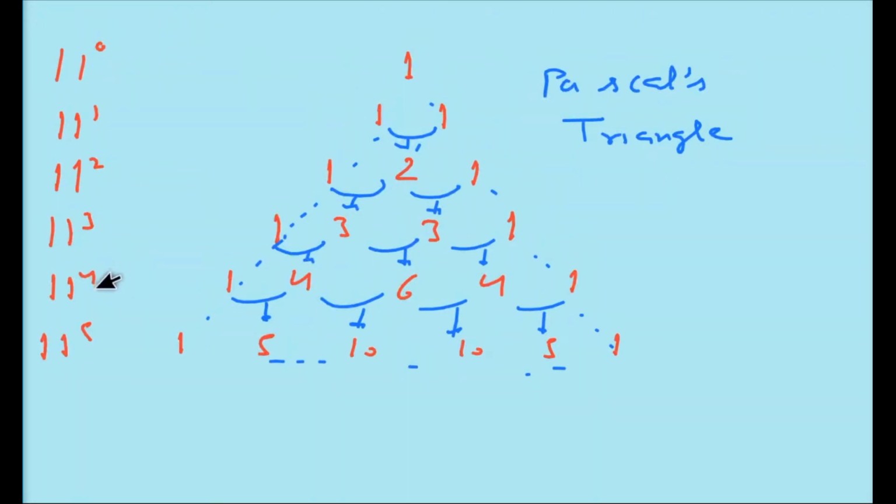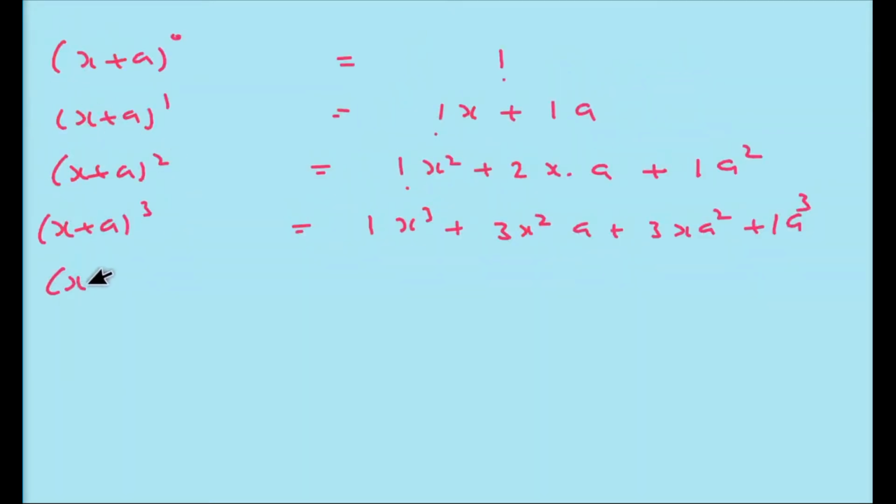So if you want to write power 4, 1 4 6 4 1, you can write directly x plus a to the power 4: 1 x to the power 4, add this you will get plus 6, and add this you will get 6, add this you will get 4 and 1. In power 4, you can see the power of x is decreasing here.